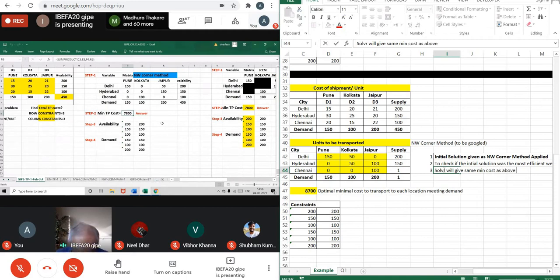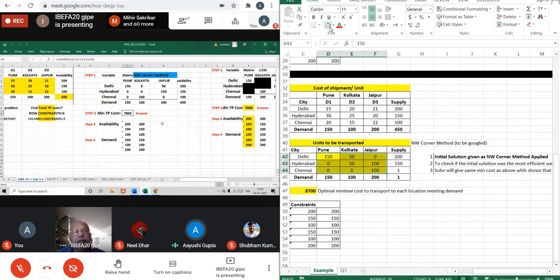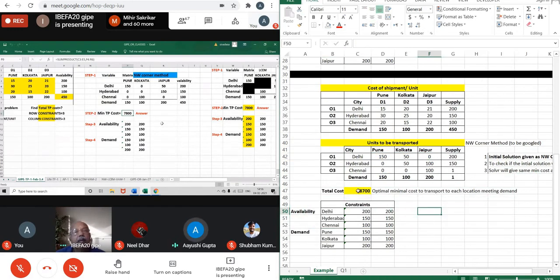So the algorithm remains the same. Any question? Sir, by this method, it's proving that the LPP answer that we obtained was efficient. Is this method just used to verify the LPP? Yes. And sir, what if the answer is different from the LPP? No, you won't get it.